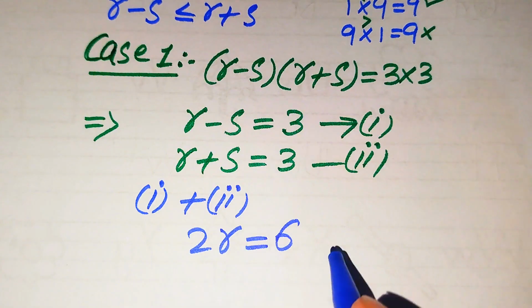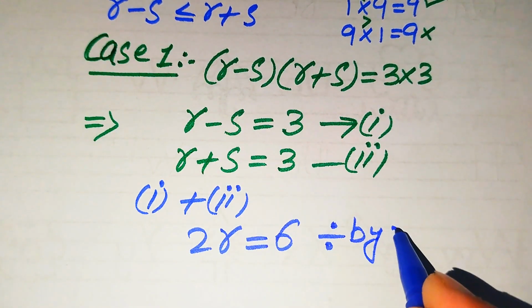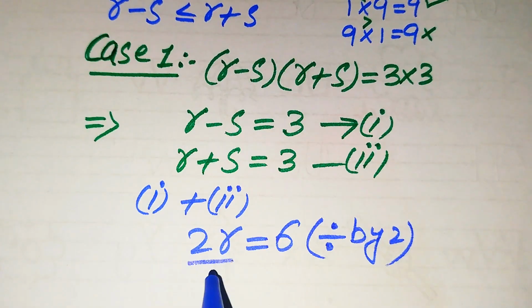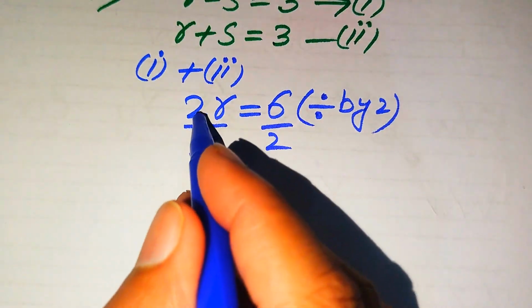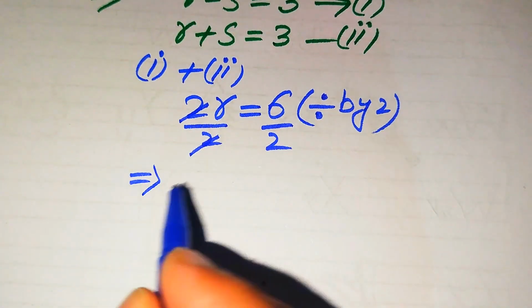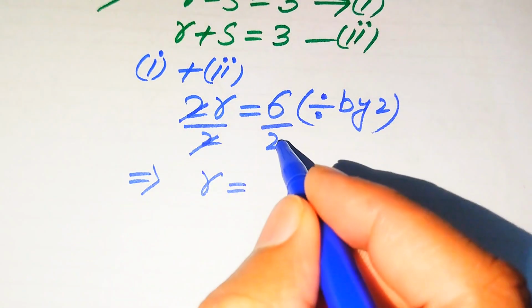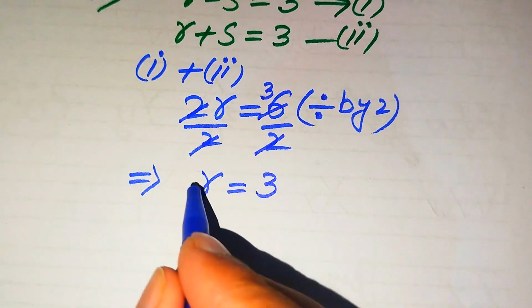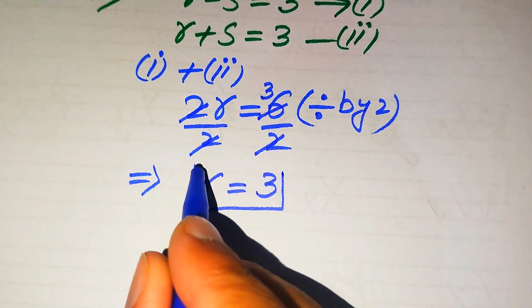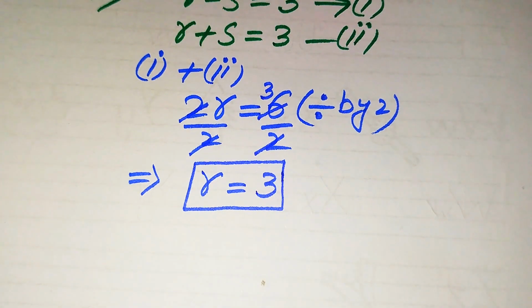So in order to find the value of r we need to divide both of the sides by 2. When we divide by 2, this 2 is cancelled out by this 2, and we get r equals 6 divided by 2, which is 3. So we easily get the value of r equals 3.